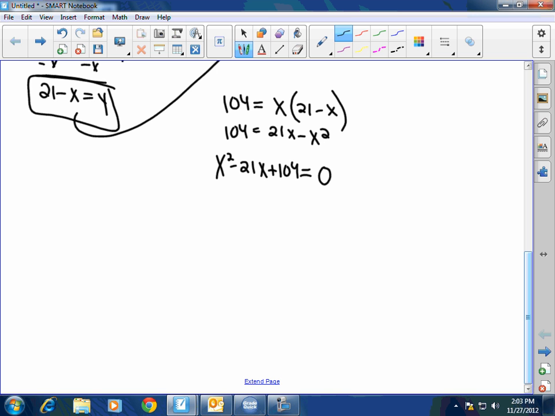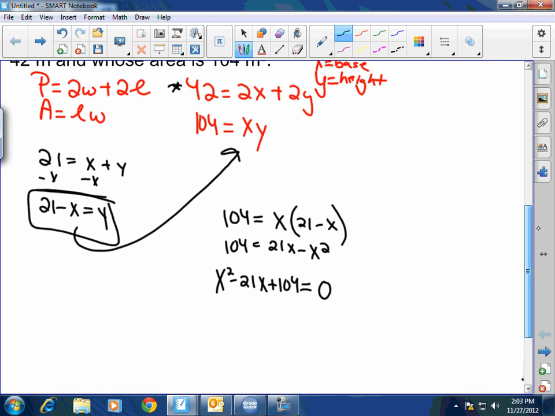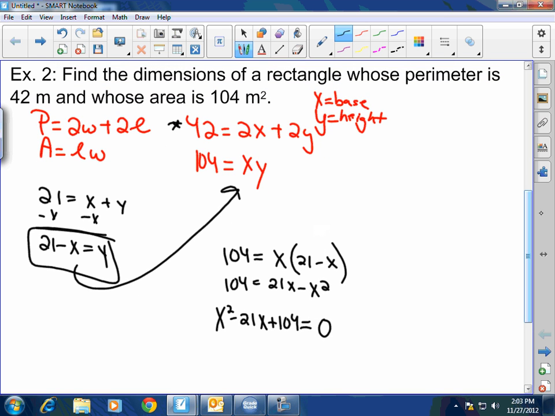Does that make sense so far, guys? I see some faces that are not sure. Now, what times what is 104, but when added together is negative 21? Negative 14 and 7?